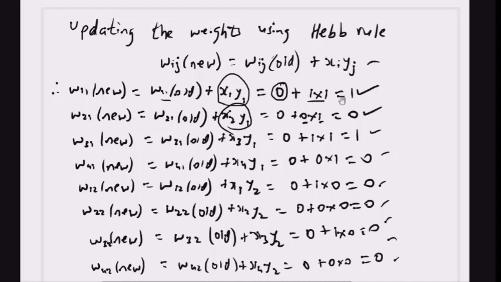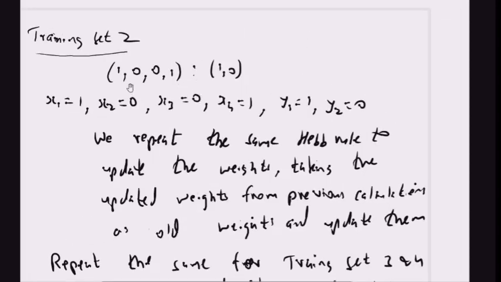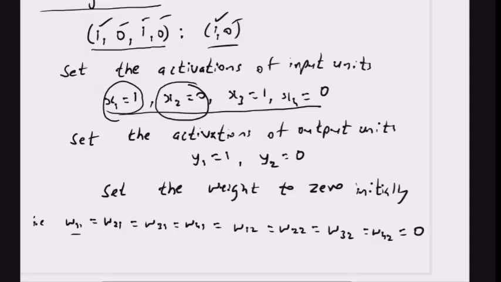Now whatever calculation we have done is continued for the second training set. For the second training set, the input vector is 1 0 0 1, and this is the output. Whatever weights we calculated from the first set are taken ahead.